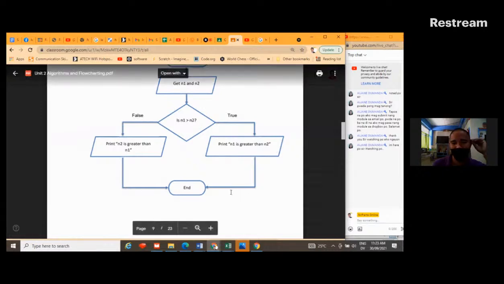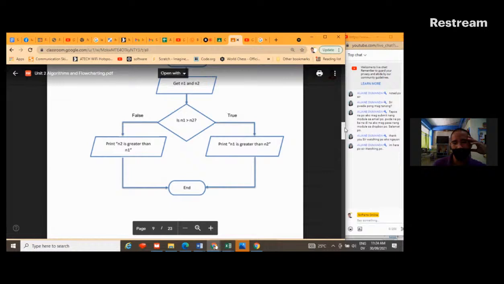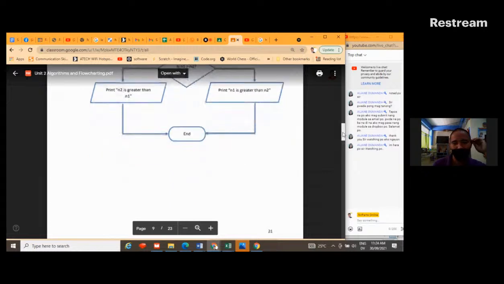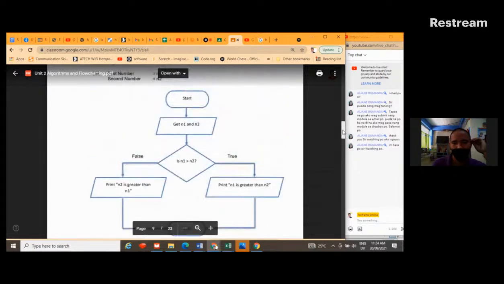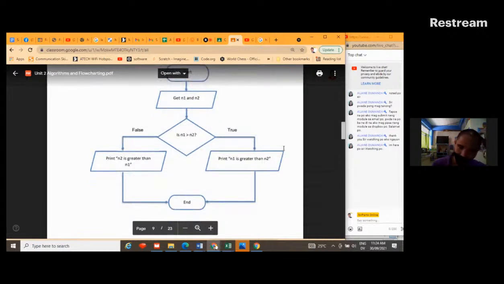This is still a flow line, even though the symbol looks different. It will go right here. Remember, the end of a flowchart, the end of a program, there's really an end. So that's the end of the flowchart. I hope you get this so far, Aljane.